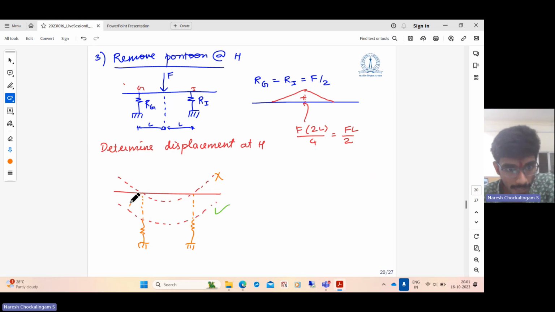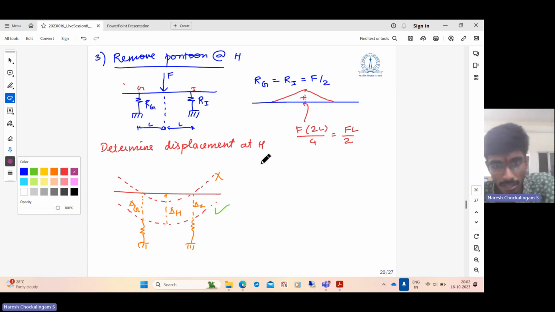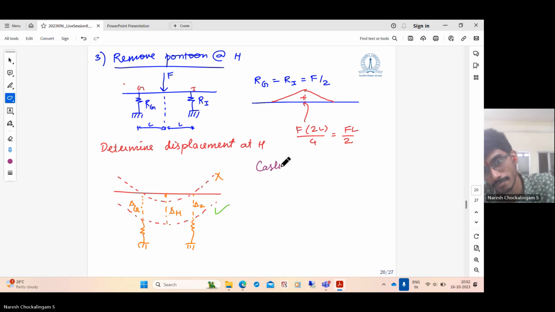Let these displacements be delta G, delta I, and the middle one be delta H. To solve this problem, we can use Castigliano's theorem. What does it say? We have seen this in the last session.